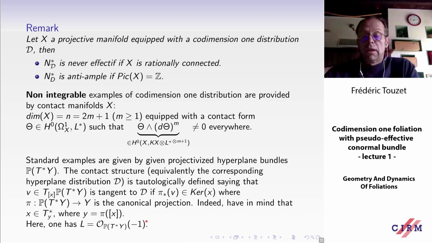Okay. And actually, there is a strong interplay between symplectic structure, which lives in even dimensions, and contact structure, which lives in odd dimensions. But I will not discuss these aspects in further detail here.